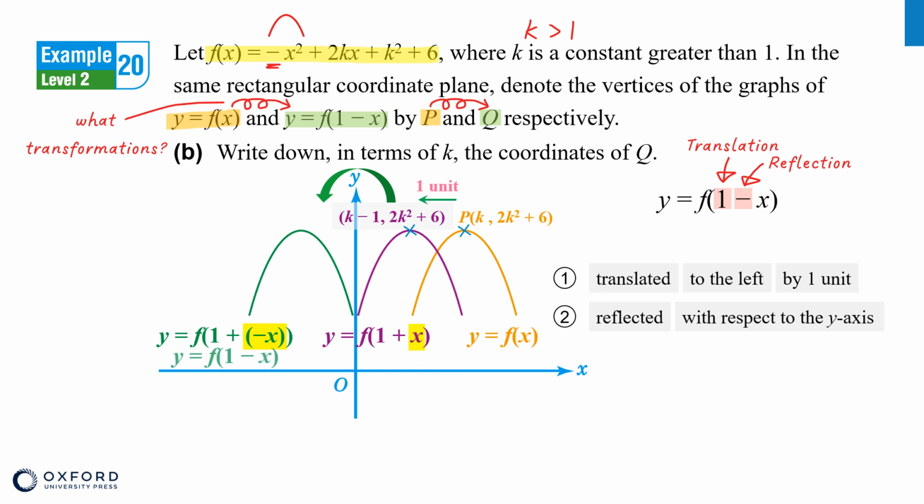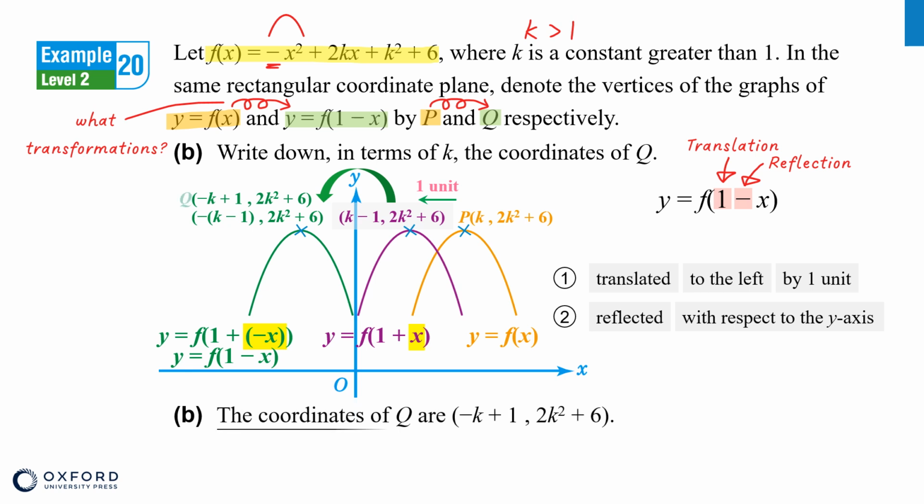That is f of 1 minus x. And the vertex would be negative bracket k minus 1 bracket, 2k squared plus 6. That is negative k plus 1, 2k squared plus 6. The same result. So the coordinates of Q are negative k plus 1, 2k squared plus 6.